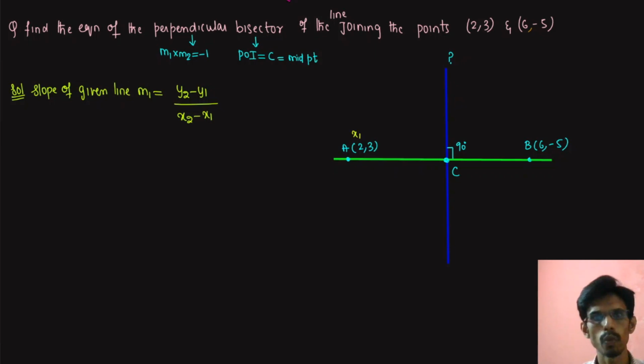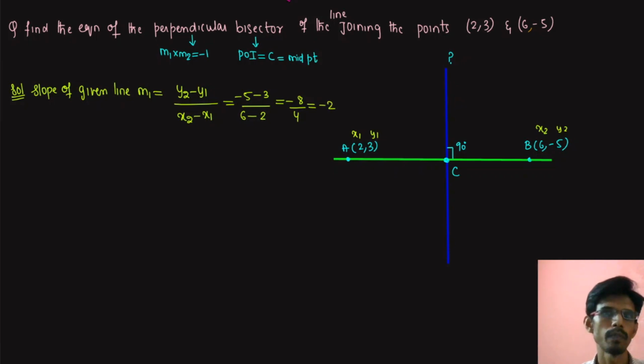Here this is x1, y1, x2, y2. The difference of y coordinates is -5 - 3 upon x2 minus x1, 6 - 2. So we have -8/4, that will be -2.